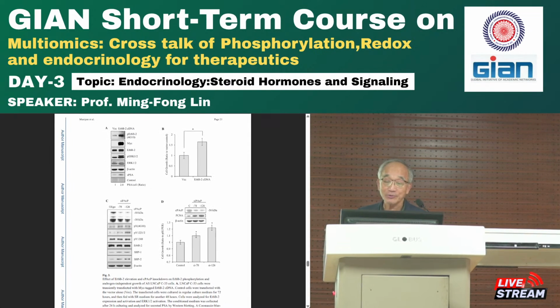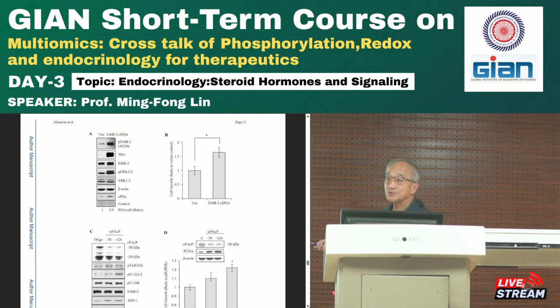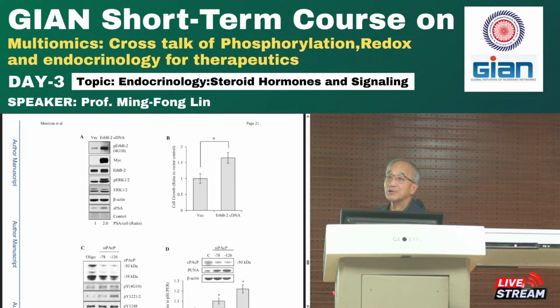Now what we are doing is using ERB2 cDNA transfection to see the change. After we transfect with the ERB2 cDNA, as ERB2 increases, the cell growth increases. So ERB2 indeed can stimulate cell growth.